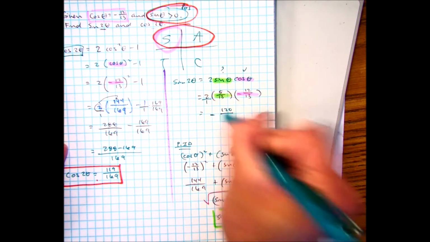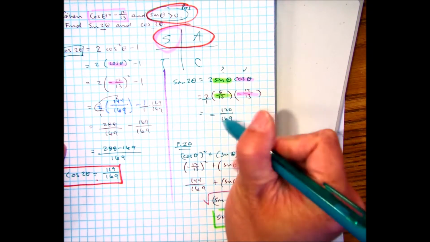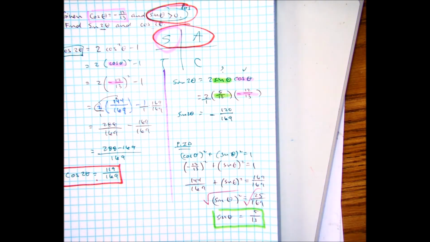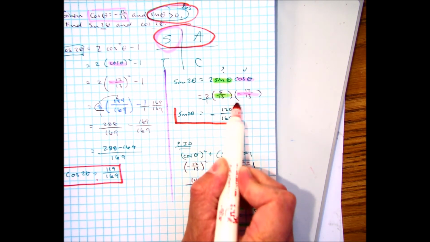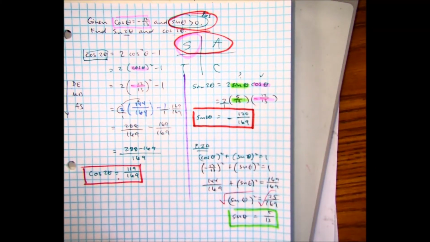It's negative. And then 1 times 13 times 13 is 169. The double angle of sine equals negative 120 over 169.